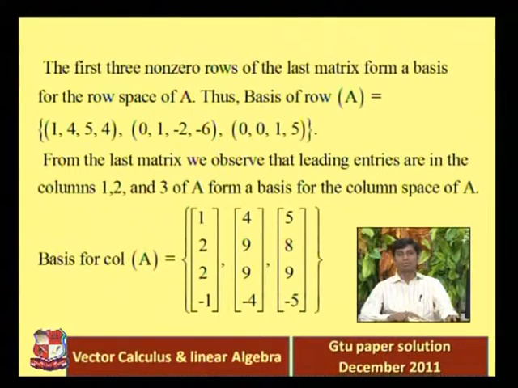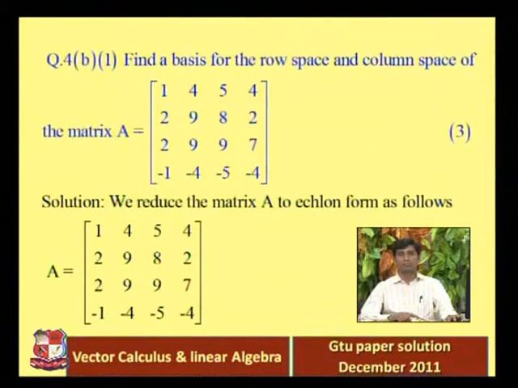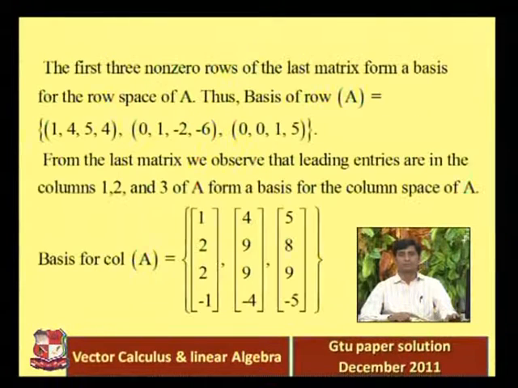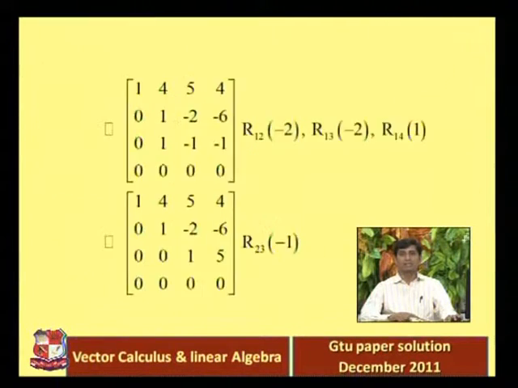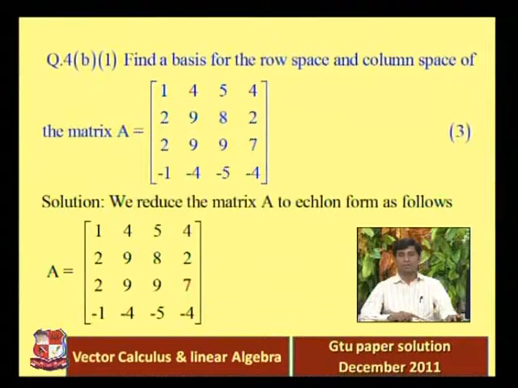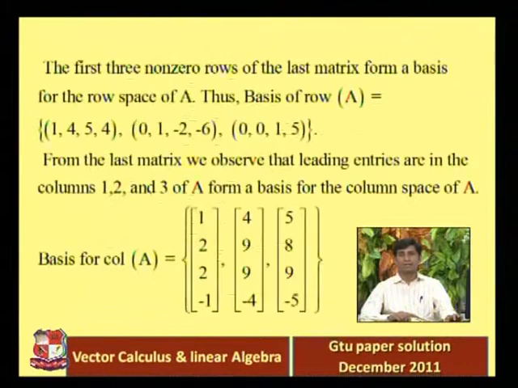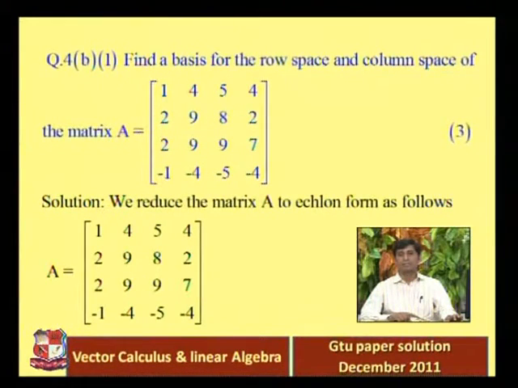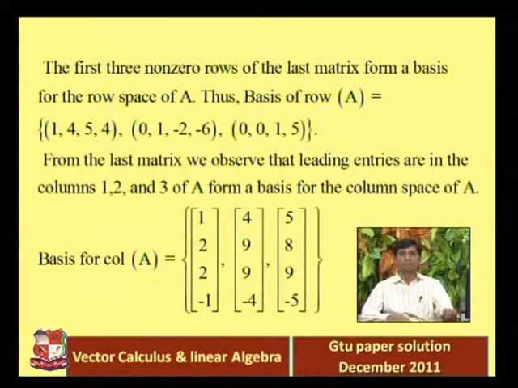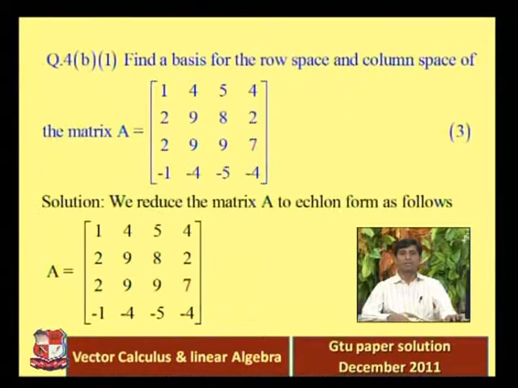1 2 2 -1, which is the first column of the given matrix A. Next 4 9 9 -4, which is the second column of the given matrix, and then 5 8 9 -5. Because in the row echelon form matrix the first, second and third columns have leading entries, we use the first, second and third columns from the given matrix, and that is exactly the basis for the column space of A. So here is the complete question, and this question was asked for 3 marks.